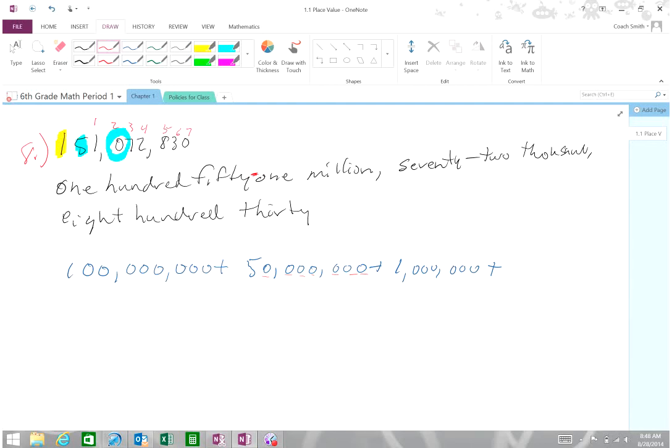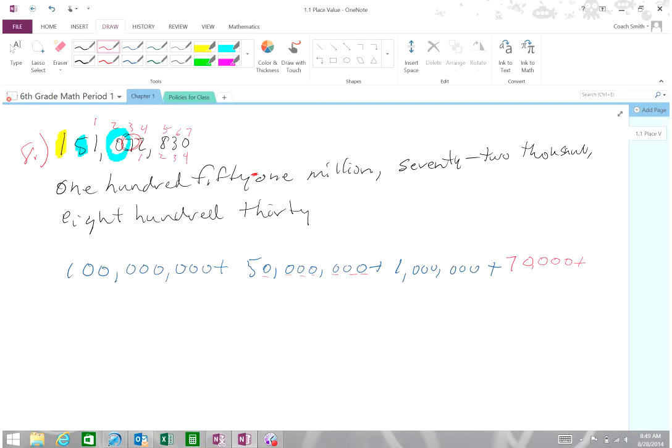So I did that because I want you to look at 7. I'm going to put the number 7 right there, and I'm going to have 1, 2, 3, 4 zeros after it. So 1, 2, 3, 4. Okay, that's how you can tell how many zeros go after the number.